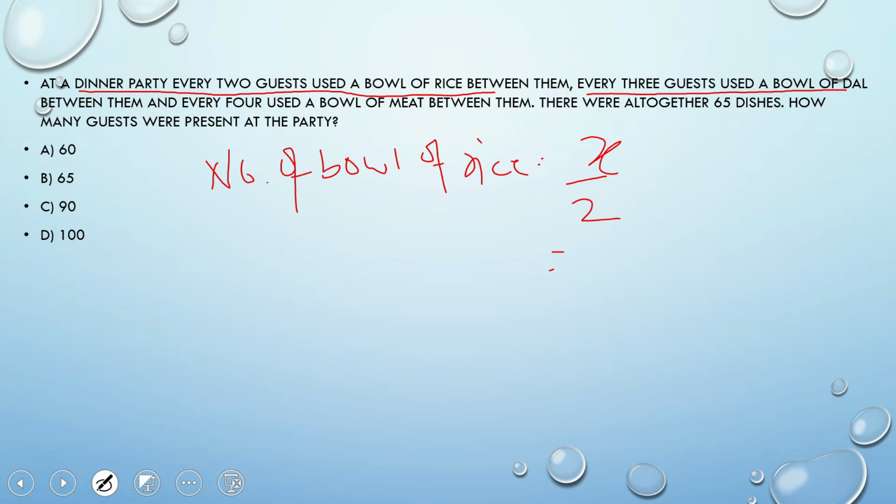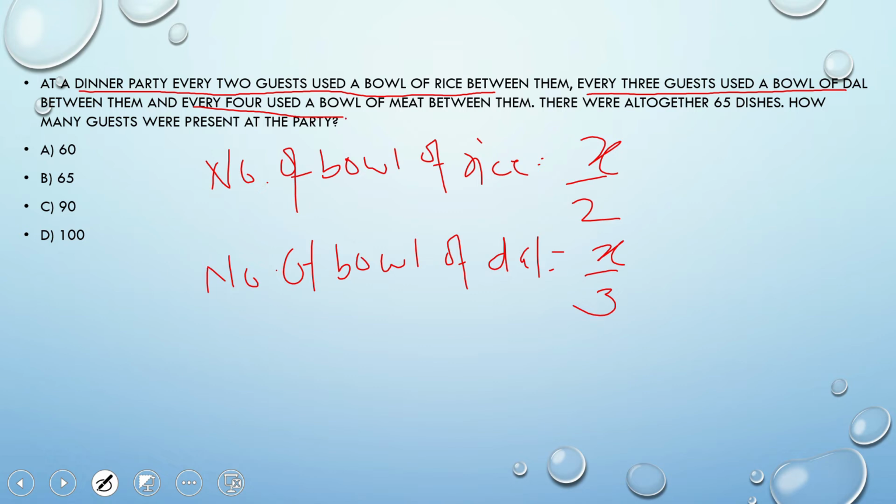So if you use a bowl of dal between 3 guests, of course the quantity of dal will decrease, that is x by 3, the number of bowls of dal. And in statement number 3, it is said that every 4 used a bowl of meat between them, that is x by 4, which is the number of bowls of meat.